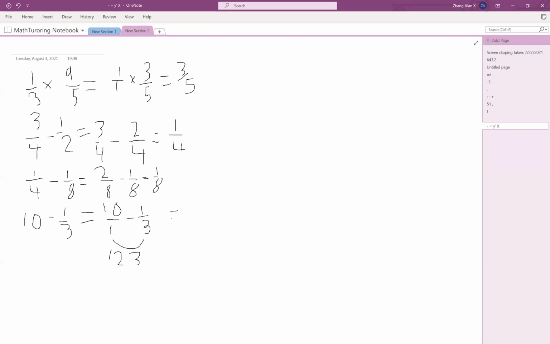So it'd be 30/3 minus 1/3, which equals 29/3, or you could change it to a mixed number if you wanted to. Just 9 2/3.